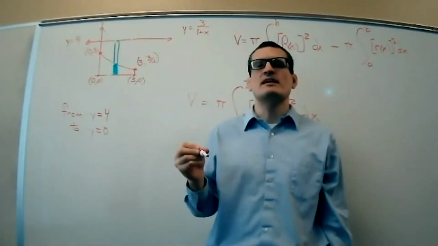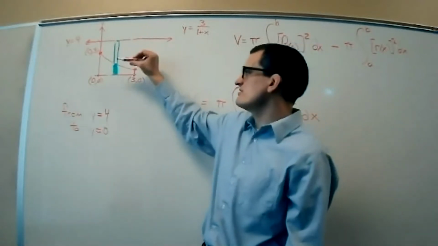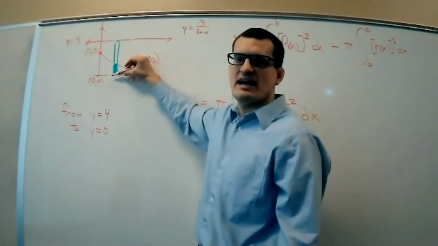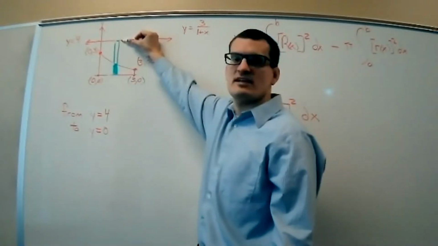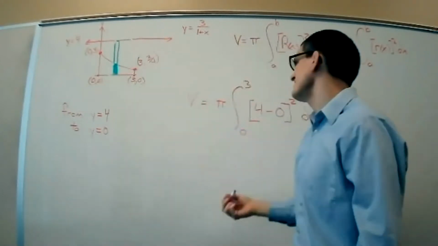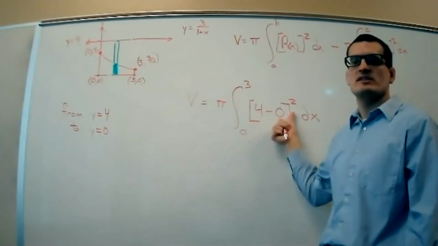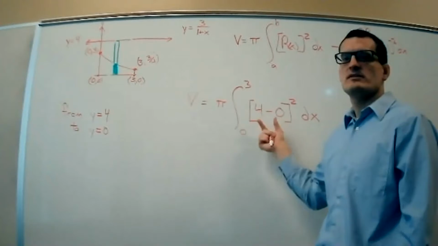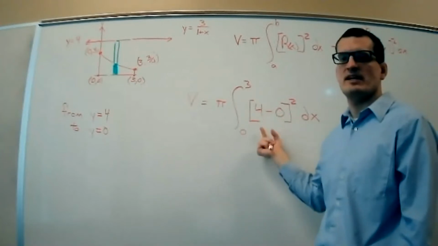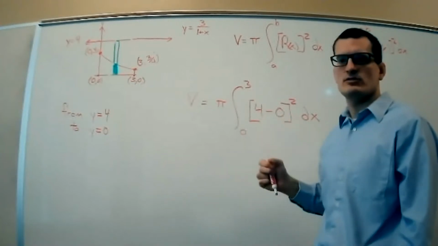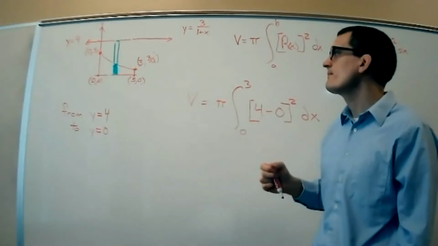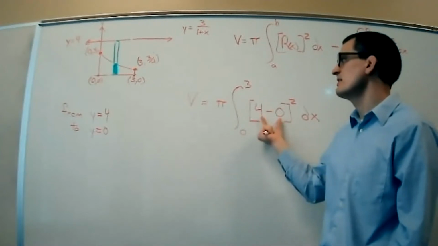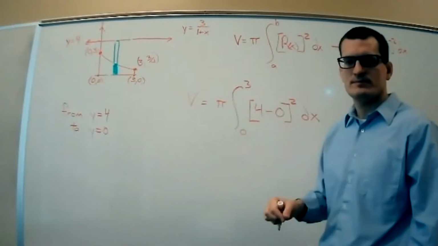If you thought it should have gone from 0 to 4, you're going to get the same answer in the end because of the squared component. 0 minus 4 squared is the exact same as 4 minus 0 squared. But if you want a positive radius, you go 4 minus 0.